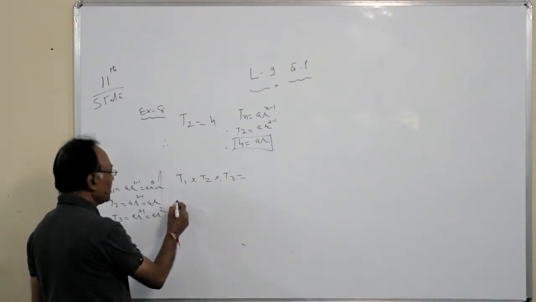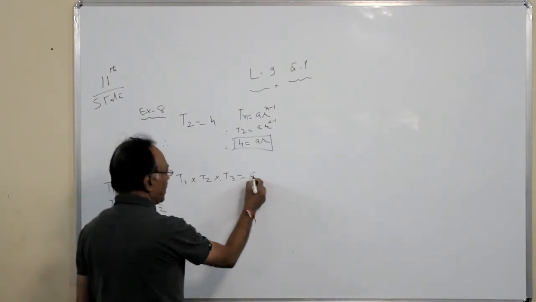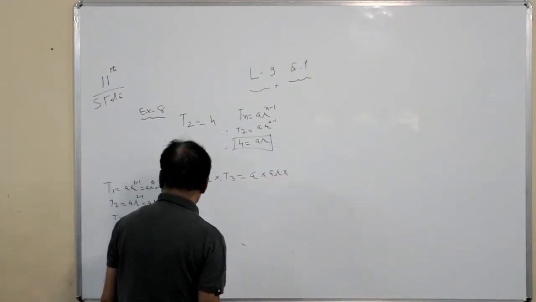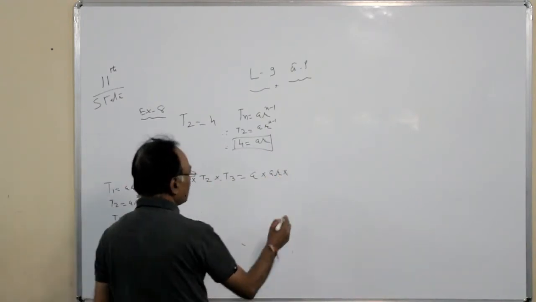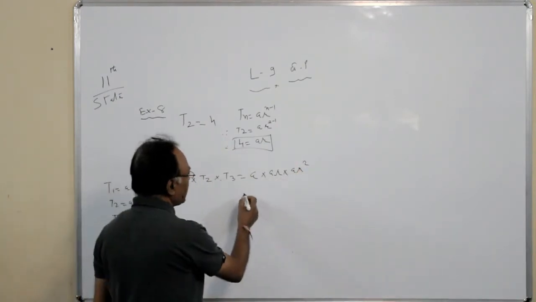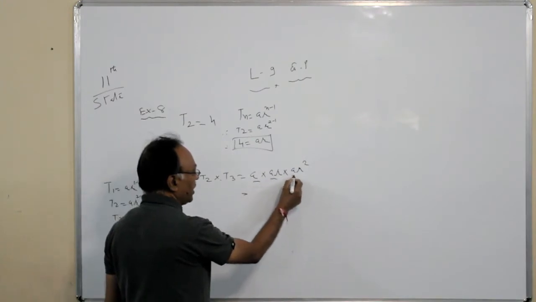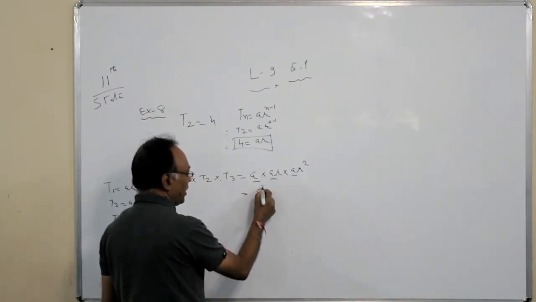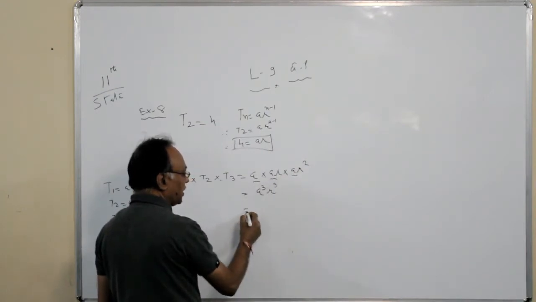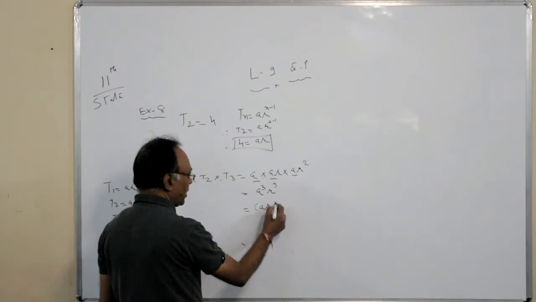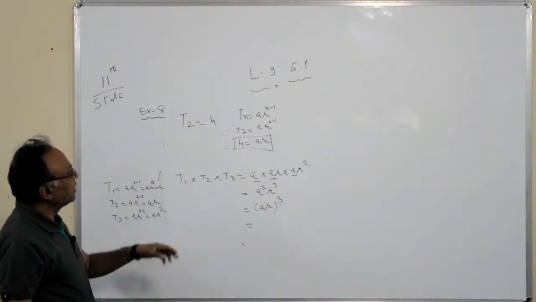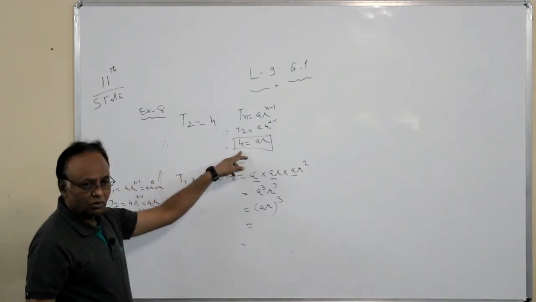T1 is A, T2 is AR, and T3 is AR square. A into A into A is A cube, and R into R square is R cube. It means (AR) raised to 3.